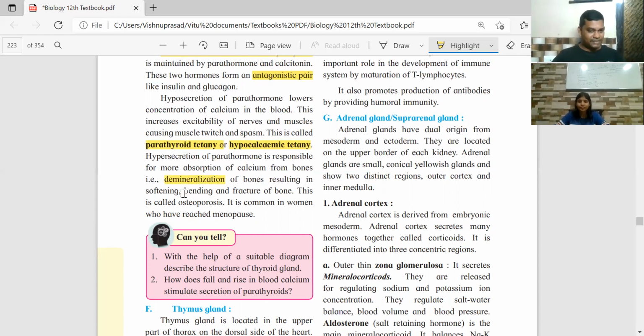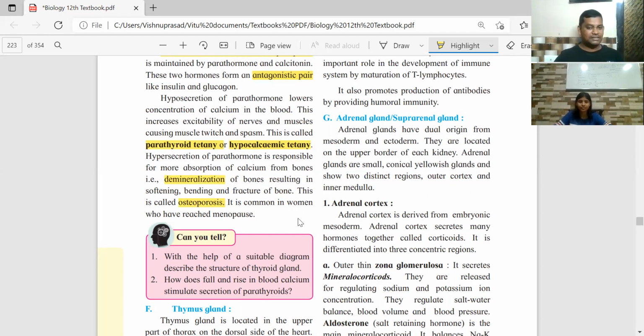Bones will become soft, can bend, and can fracture. This is called osteoporosis. Osteo means bone, and pore means porous. The bones become porous, soft bones. This happens with hypersecretion of parathormone.